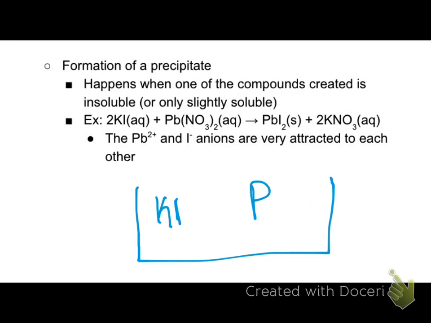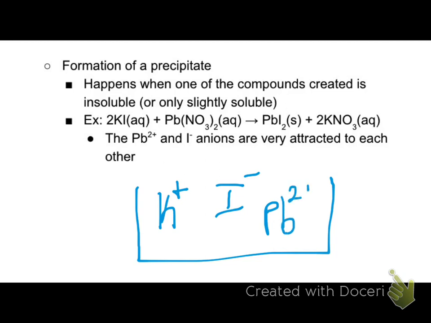What really happens is you'll wind up with just loose ions. So you'll have a positive potassium ion floating around here and there, and a negative iodine one floating around, and a positive lead one floating around, and then of course the nitrate ion will stay connected because it's covalently bonded, but it will still have a charge on it, so it will be floating around in solution as well.